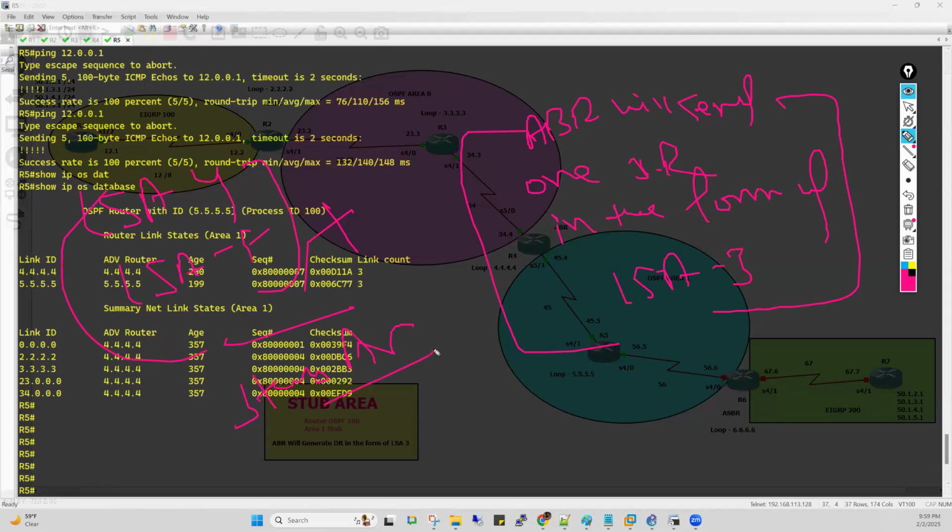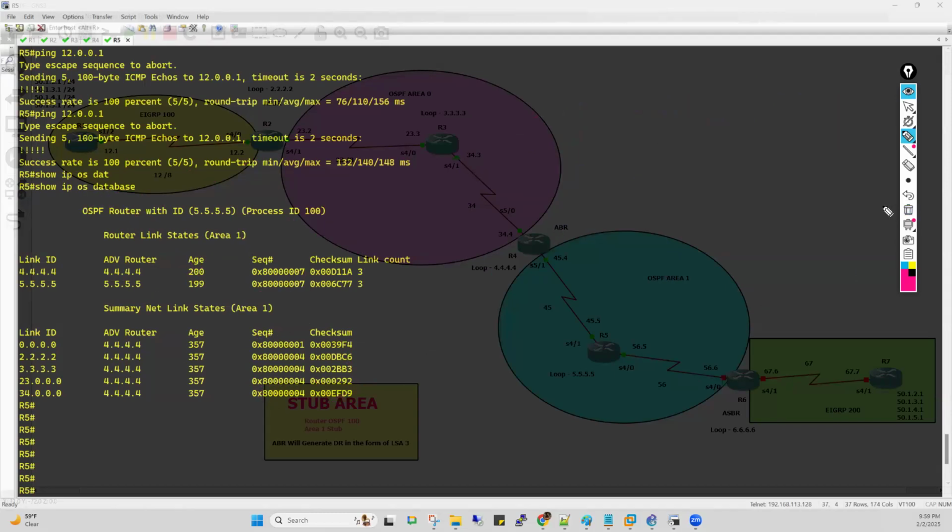When we configure a stub area, the other routers in that area get a default route. If you configure stub area here, all the routers in this area will have a default route. So if all the routers want to ping this external route, they will ping via the ABR. Okay.